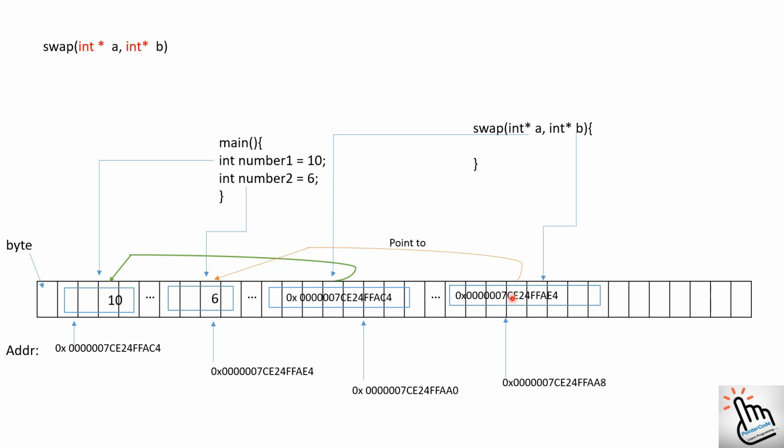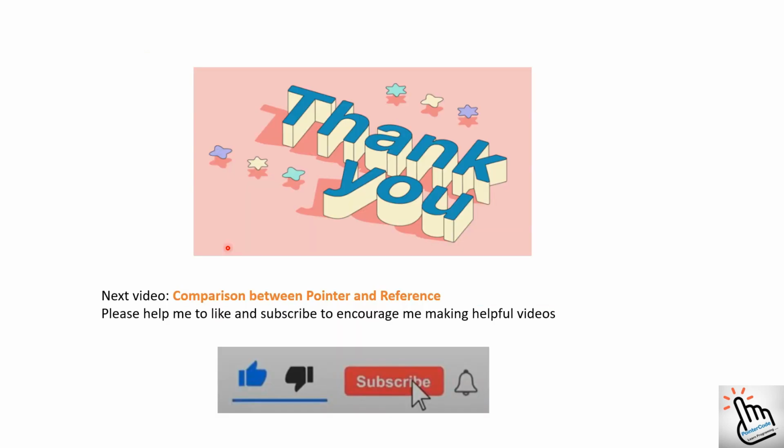So in the swap function we have a copy of the addresses. Then we can point to and change the data of number 1 and number 2. That's why the result is different when we pass by value and when we pass by reference.